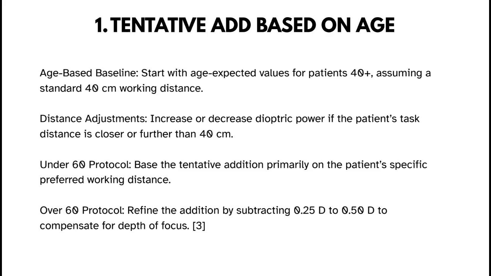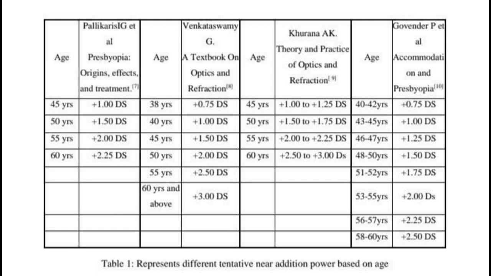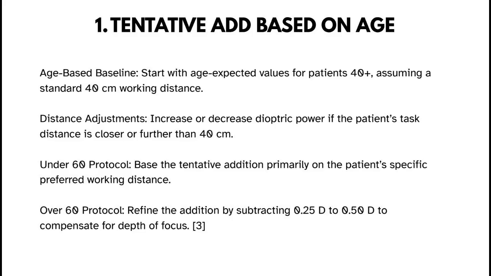Then we have tentative add based on age. If the patient cannot read N6 at normal working distance, that is 40 centimeters, there are different norms given at different ages: at 40, plus 1; at 45, plus 1.5; at 52, plus 2; and more than 55, plus 2.5. Different textbooks have given different values according to age.